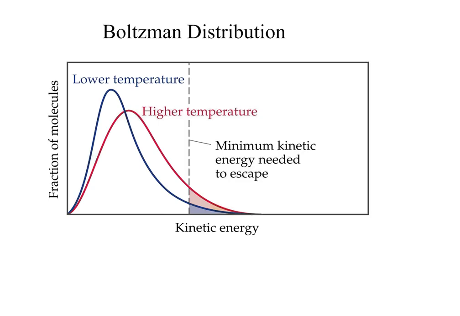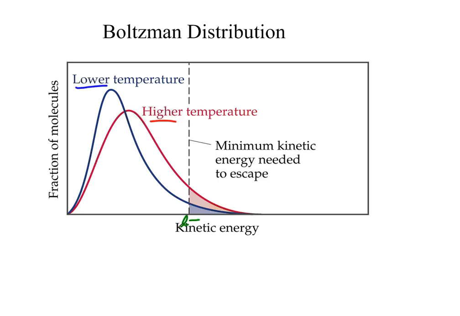So here we have a curve that represents a low temperature, the blue curve, and a curve that's a little bit higher, which represents a higher temperature, the red curve. And then we can pick a point right here, which is the dotted line, which is the amount of kinetic energy a molecule would need to go from liquid to gas.